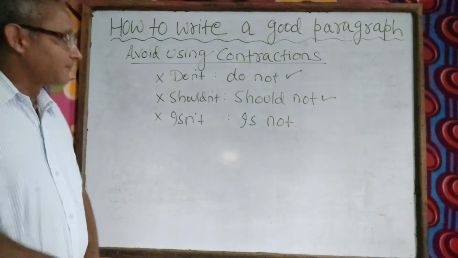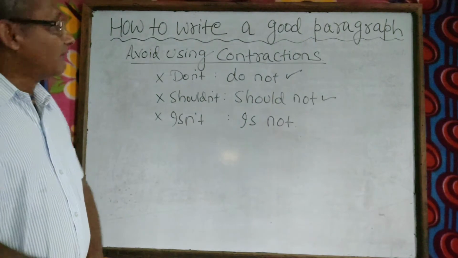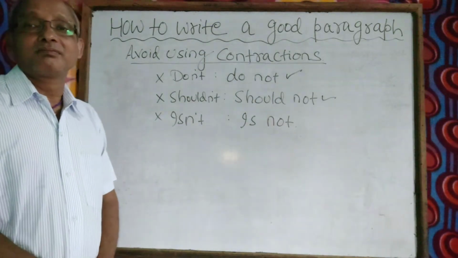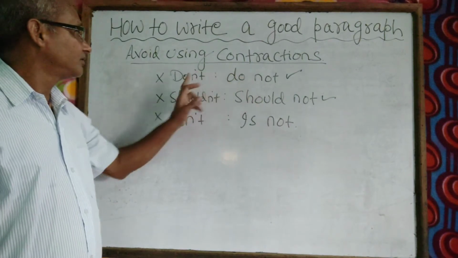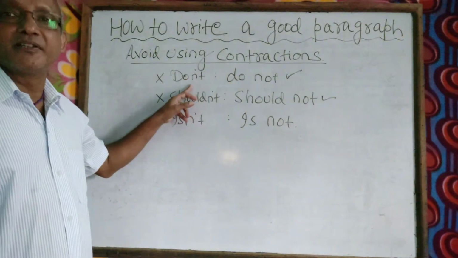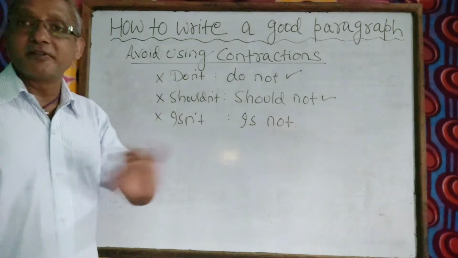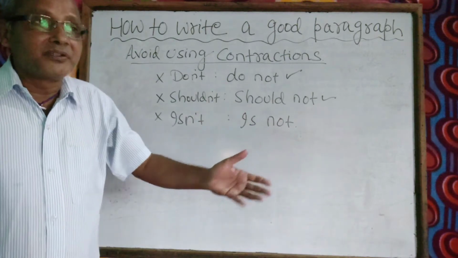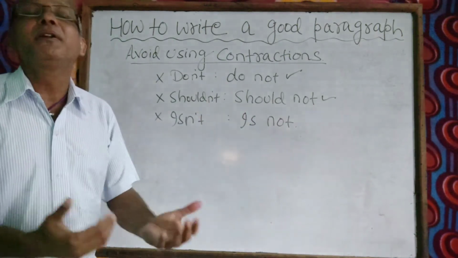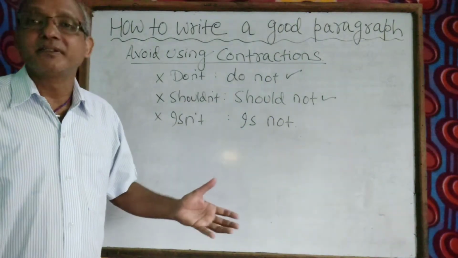To continue, there are a few tips I would like to give you. Avoid using contractions. Contractions here means, for example, do not becoming don't. We have a tendency to write these as shortcuts, especially in email. I have even noticed bingo English being used, and we shouldn't be doing this.